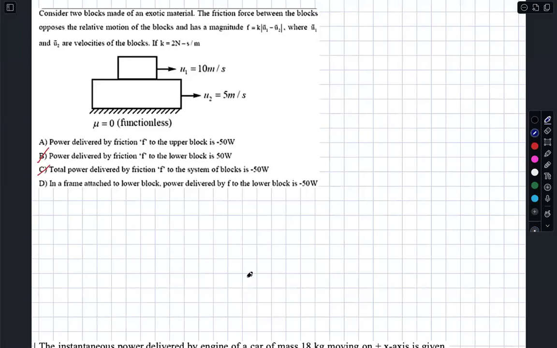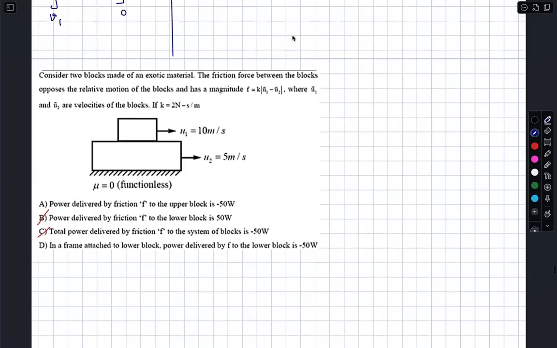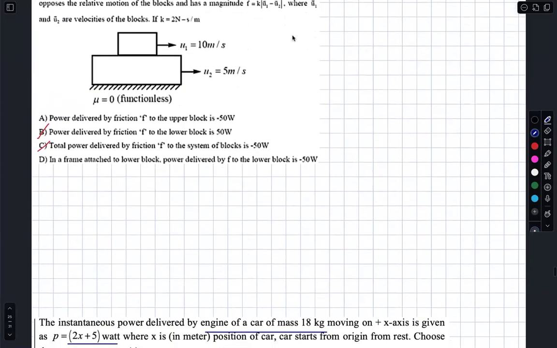Consider two blocks made of some material. The frictional force between the blocks opposes the relative motion of the blocks and has a magnitude of some constant k times the relative velocity, where u1 bar and u2 bar are the velocities. Power delivered by the friction F to the upper block.